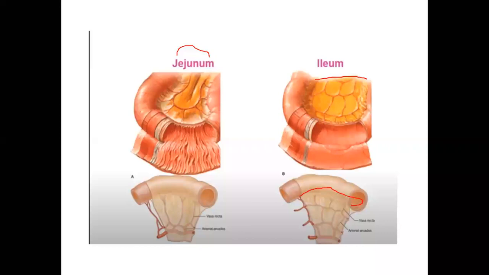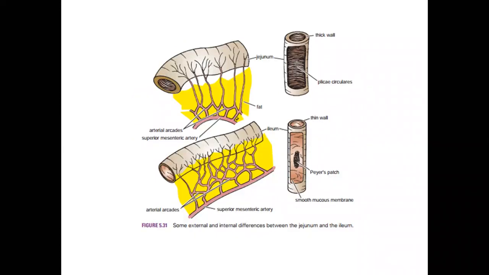The jejunum is thick walled, and the ileum is thin walled, and the jejunum is mostly hollow, and the ileum is loaded.